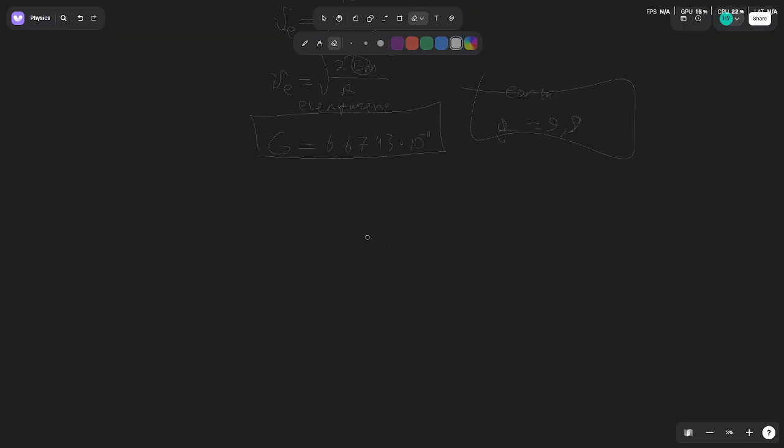The second law: a line from the sun to a planet sweeps out equal areas in equal amounts of time. And the third law: the square of a planet's orbital period is proportional to the cube of the semi-major axis of its orbit. It's too complicated for a school level and for an intermediate level, right?